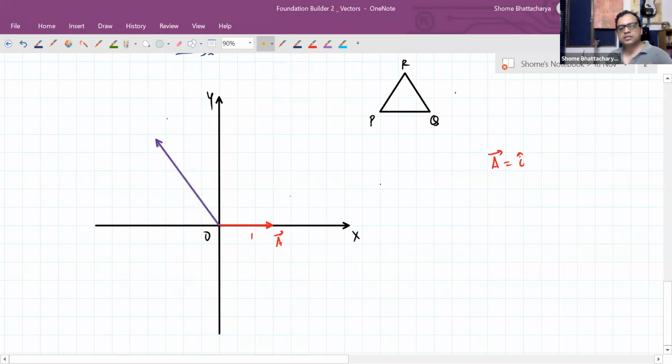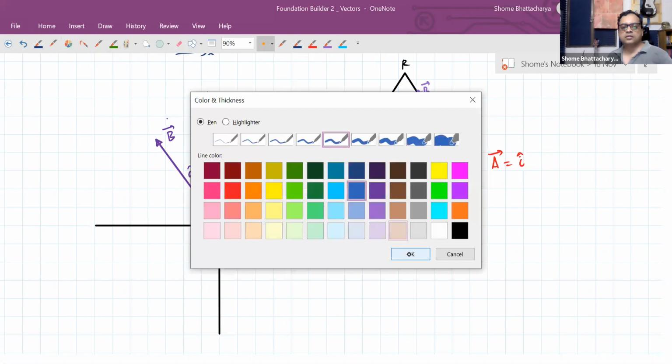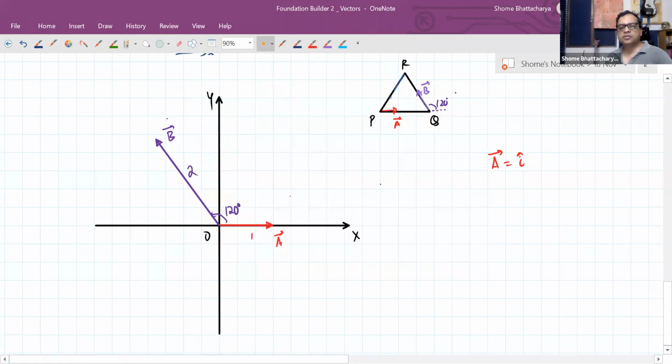It has to be placed like this, of magnitude 2, where this angle is 120 degrees, because you can see here that this angle is 120, and A was along this side and B was along this side. And now likewise, when I draw the vector C, in this diagram C will be along this side, its magnitude is 3. You can see that this angle is again 120 degrees.